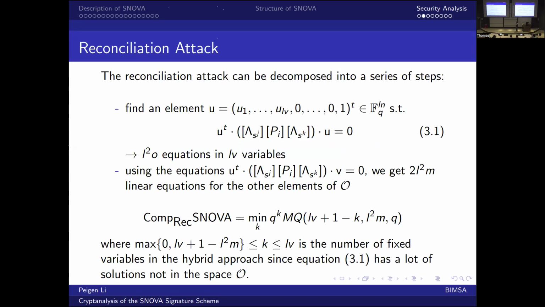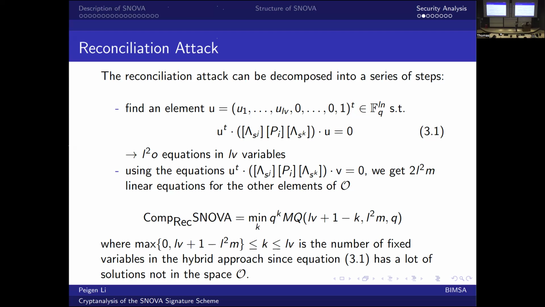The reconciliation attack says that if we find an element u belonging to the oil space, then we use the following equations and get many linear equations. So the most difficult step is the first step: how to find an element belonging to the oil space.